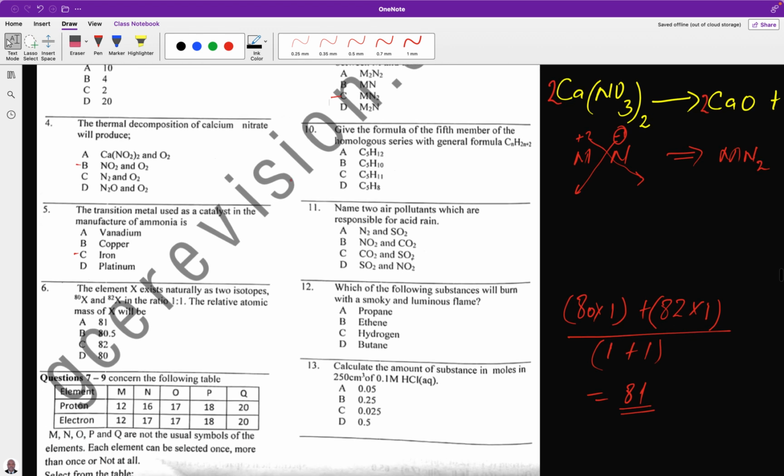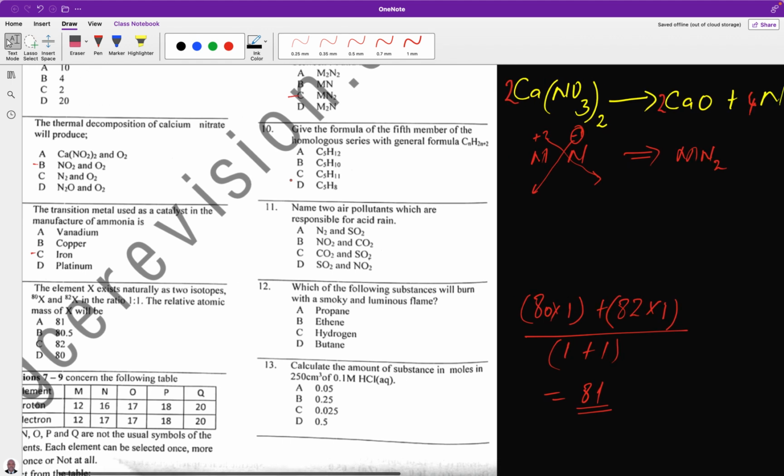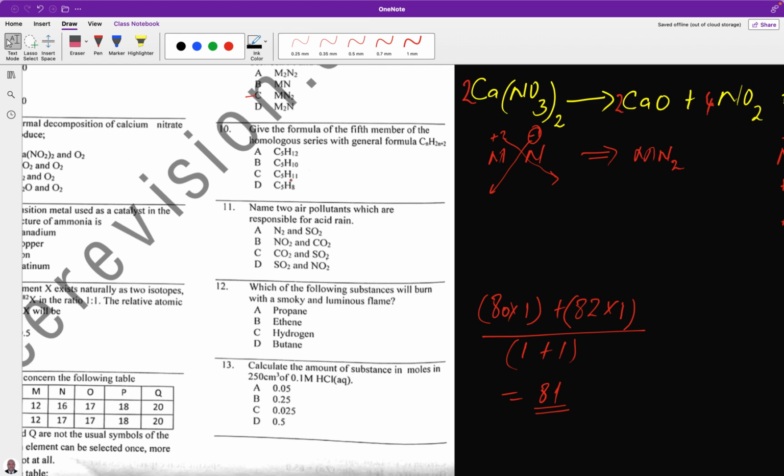Okay. Question number 10. Give the formula of the 5th member of the homologous series with general formula CnH2n+2. This is an alkane.